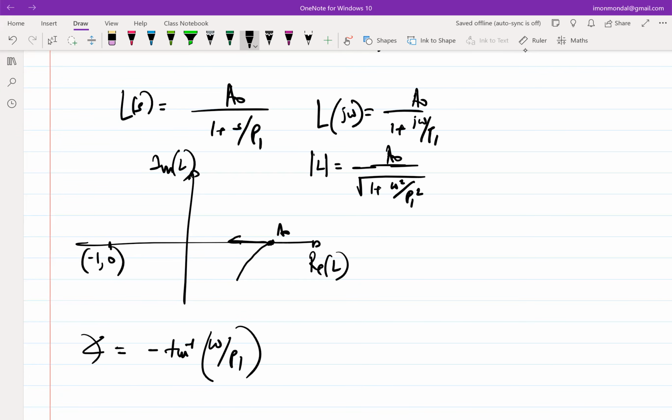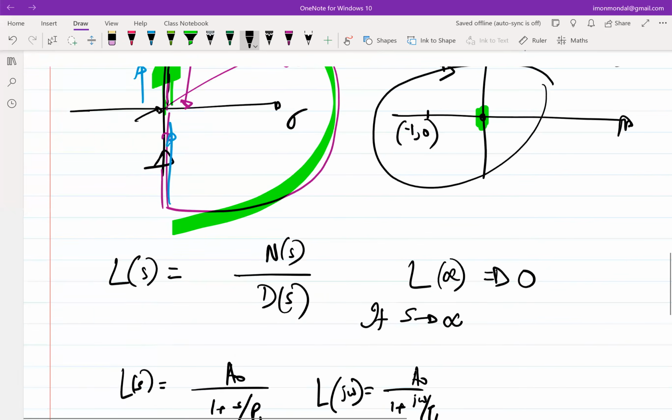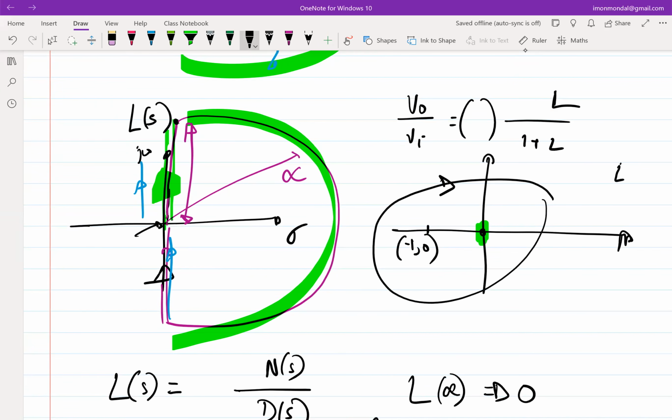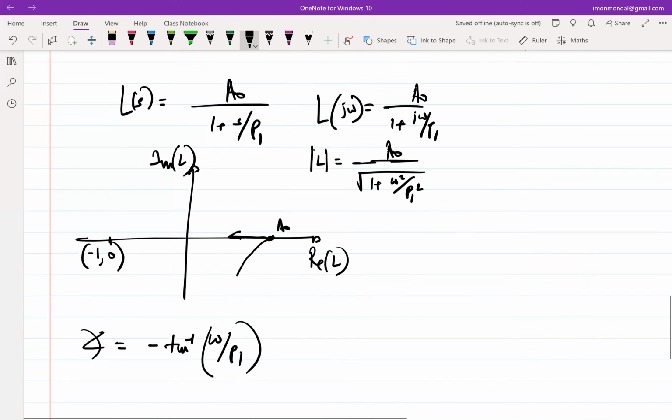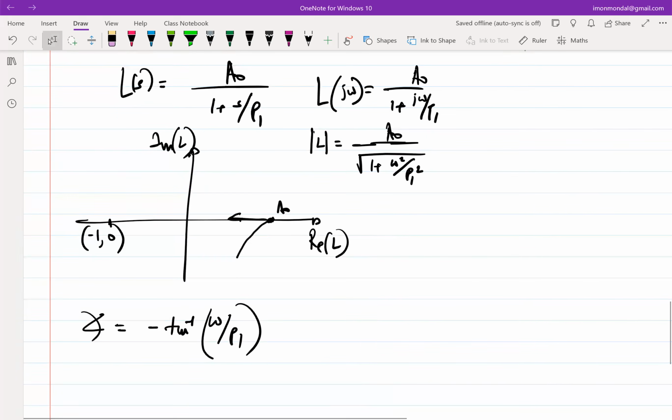Now, this will keep on going, but what are we ultimately interested in? We are interested in where we end up when we go to infinity. Clearly, when I go to infinity, the magnitude is 0, which means I'll hit the origin, but I'm more interested in at what angle I'm hitting the origin, because ultimately I need to figure out whether I'm close to that minus 1 point or not. So in this case, at omega equal to infinity, how will I hit the origin?